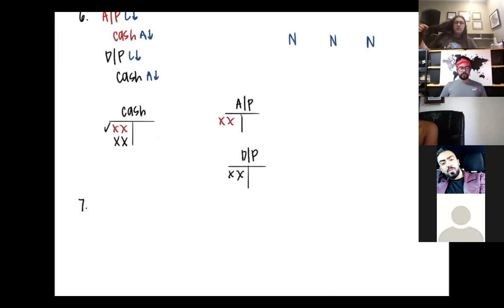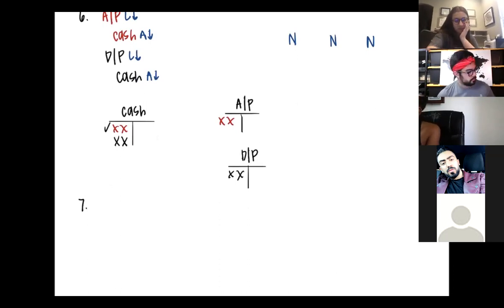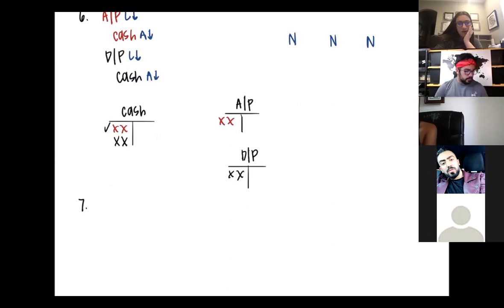Number 7. Alpha recorded an AJE for interest on a note payable instead of the correct AJE for interest on a note receivable. Interest won't be received by Alpha until next year. So there's two kinds of notes, right? There's a note receivable and a note payable. It's either you borrow money or you give money. In this case, they recorded it as if they owed money on a note, but really they gave a note and they're receiving interest on it.